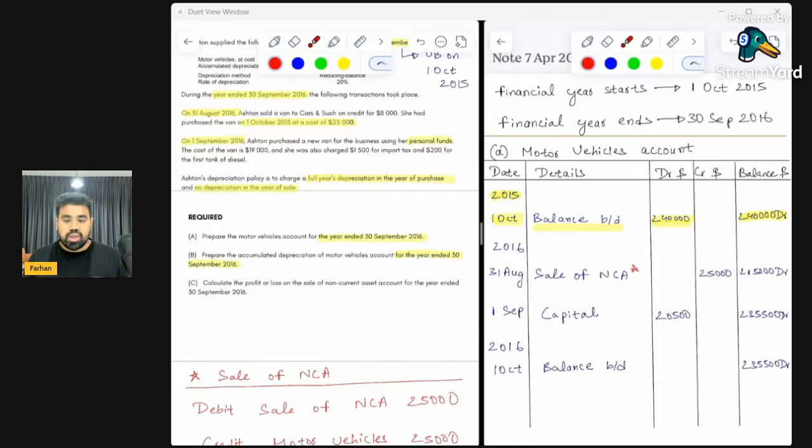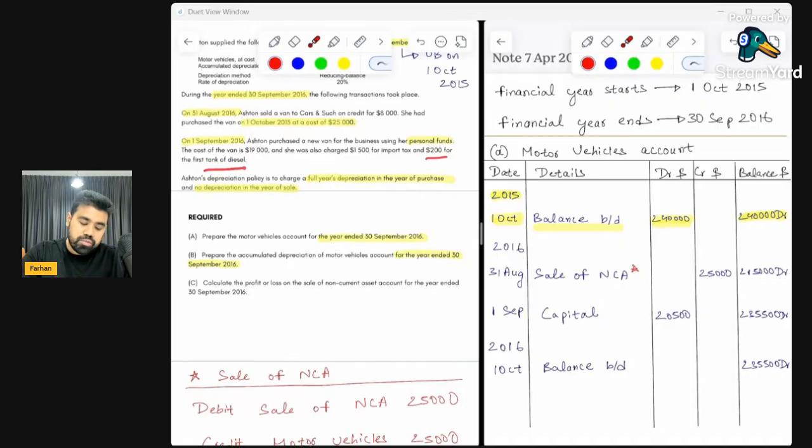So if I go to the car company and I use my personal bank account to buy the car, which I know I eventually will be using in my business, this is some form of capital contribution into my business.